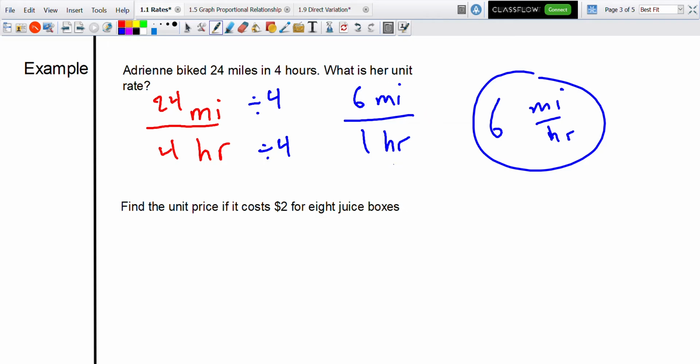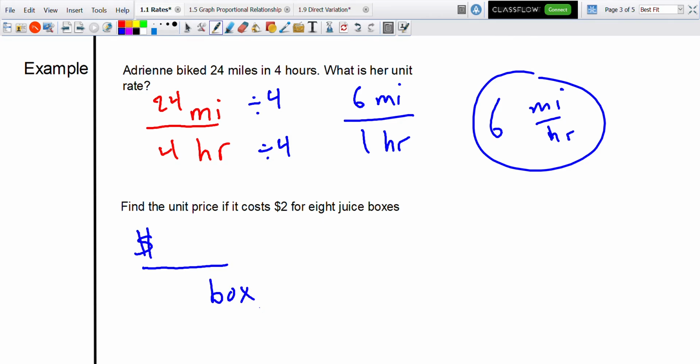How about on the bottom there? Find the unit price if it costs $2 for 8 juice boxes. Okay, take your time to do that problem now. So, if I were setting up this problem, I could do my top one being dollars per box.